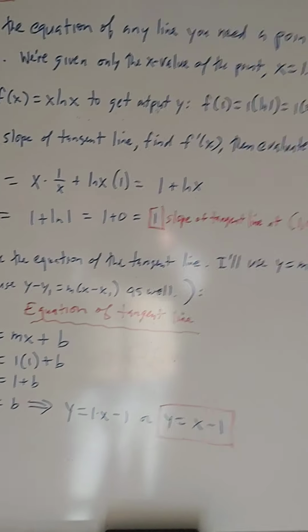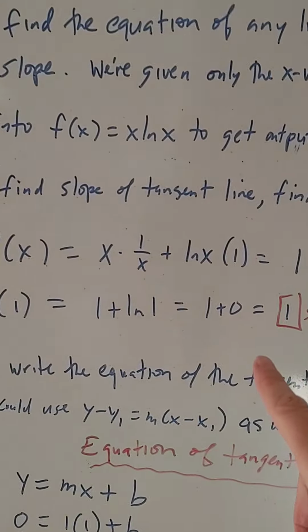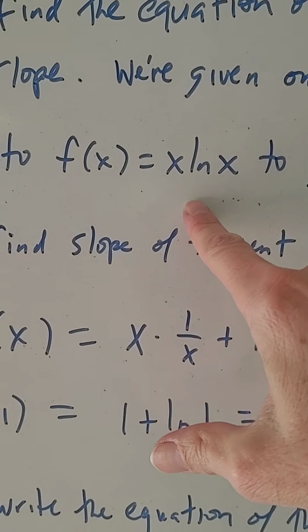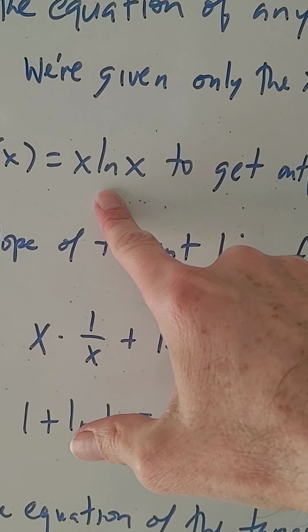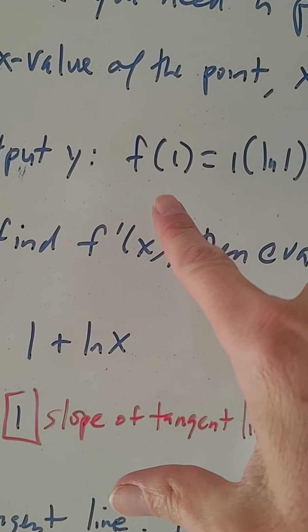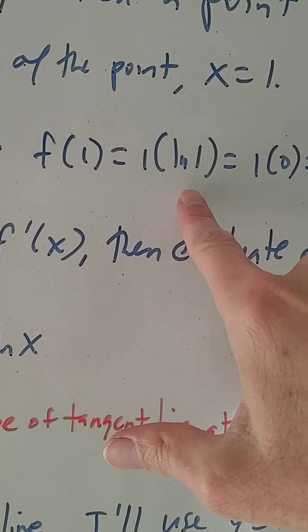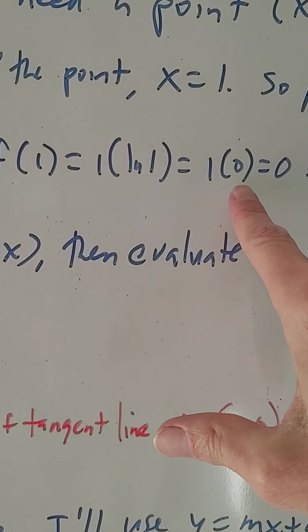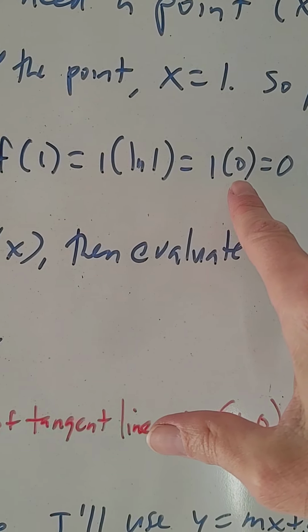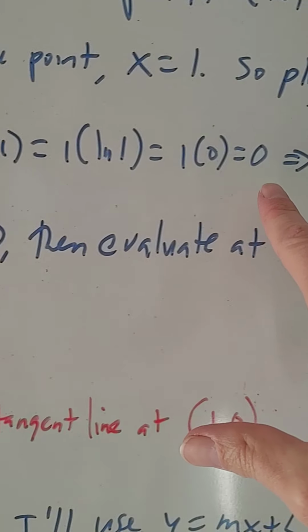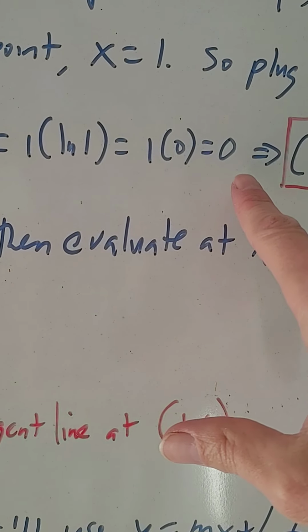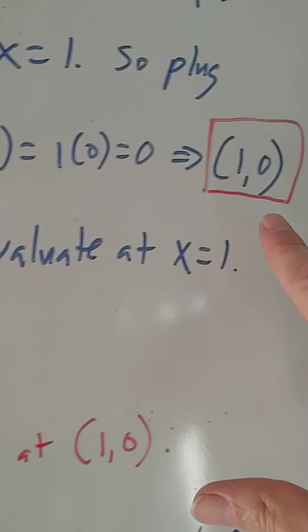We're told that f of x is x times the natural log of x. So when I plug in 1, I get f of 1 equals 1 times the natural log of 1. But the natural log of 1 is 0. So 1 times 0 simplifies to 0. So when I input 1 for x, I output 0 for y.